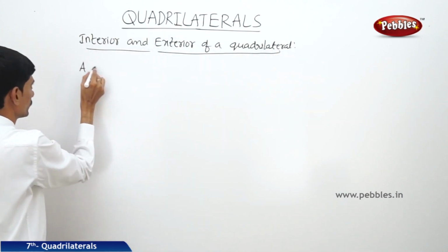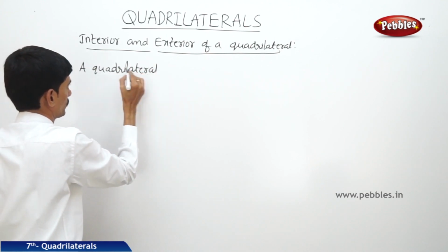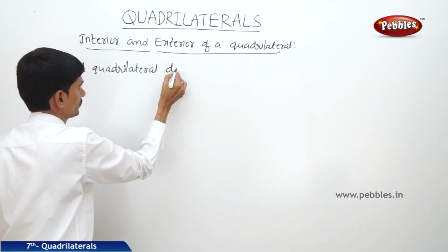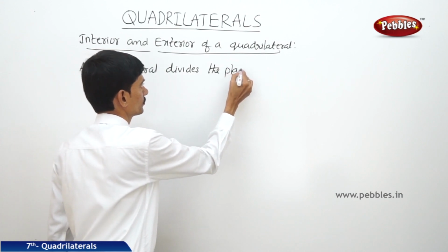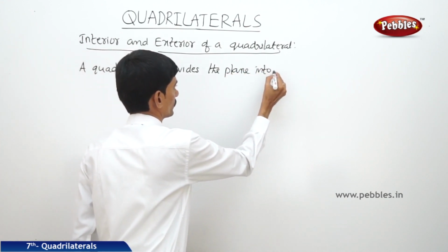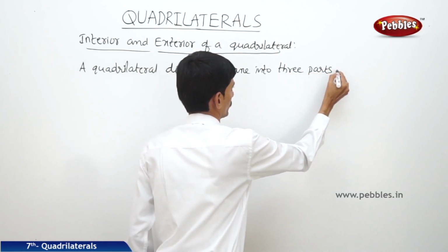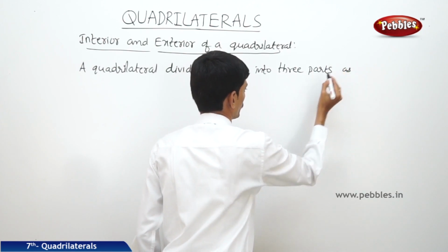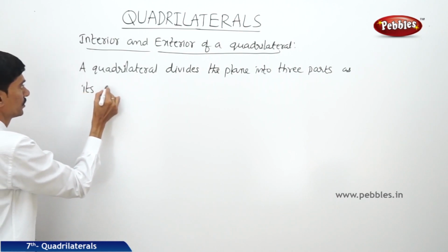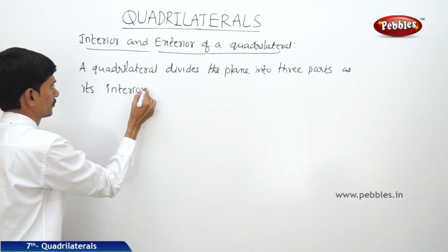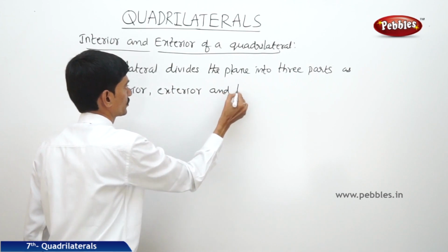A quadrilateral divides the plane into three parts: its interior, its exterior, and the quadrilateral itself.